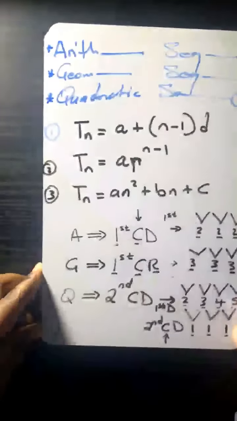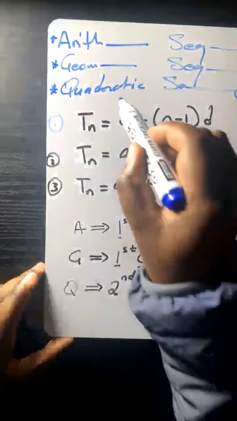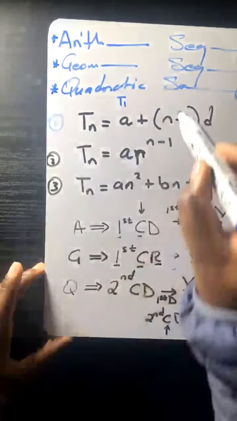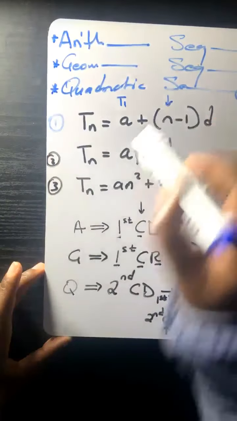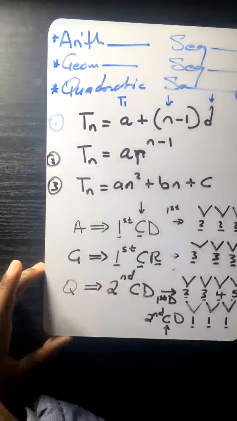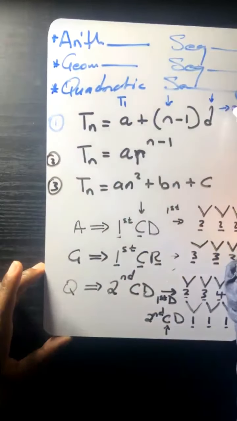Obviously, I suppose you do know very well that A refers to the first term of the sequence. So it's actually term 1 in short. And then this is the number of terms, and then this is the difference. Obviously, because it's for an arithmetic sequence, this is the first CD.